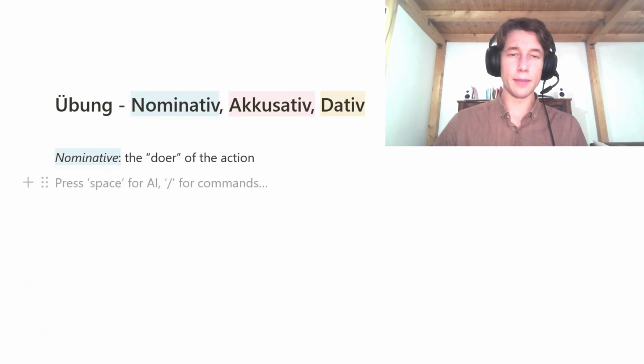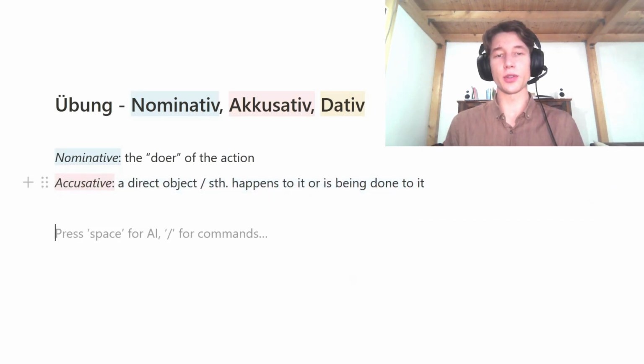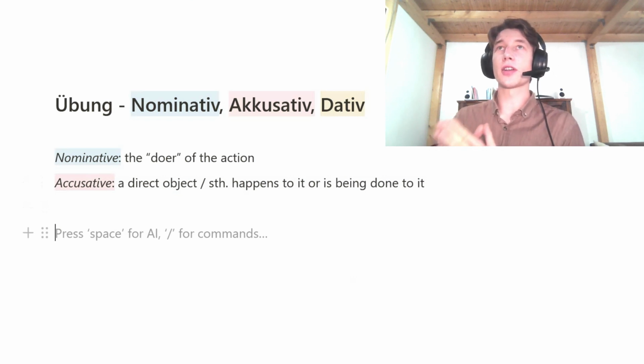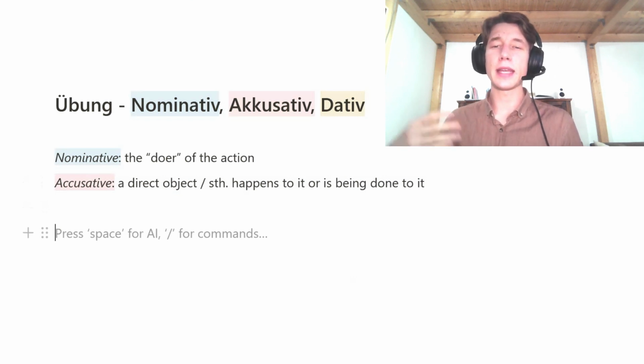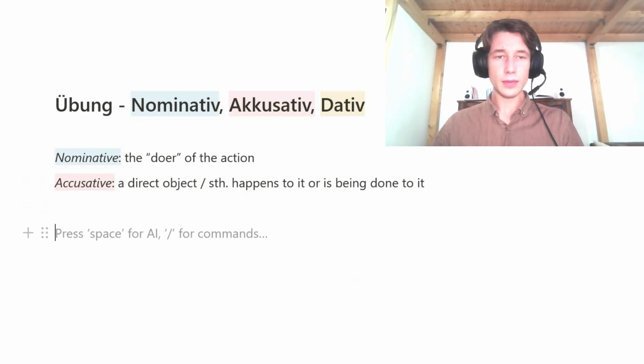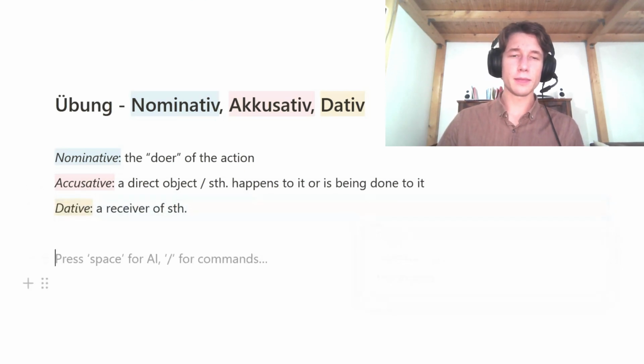Accusative is the case that's assigned to a direct object. Now, a direct object is something that something happens to, a person or an animal or a thing that something is being done to. And then there is dative, and dative is simply a receiver of something.